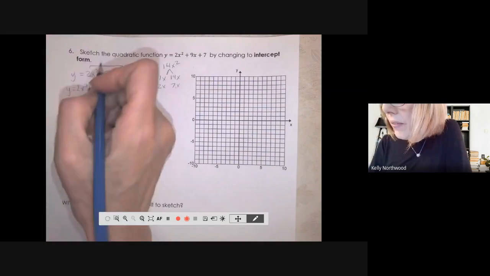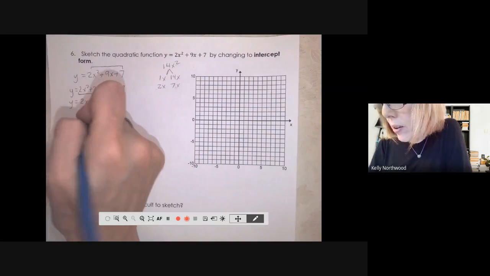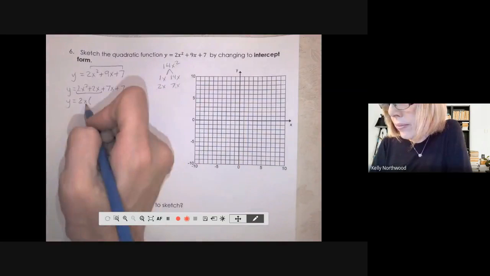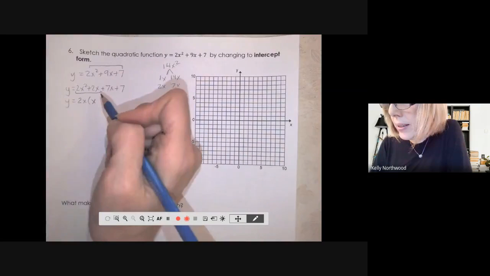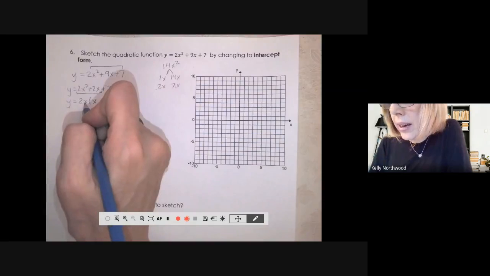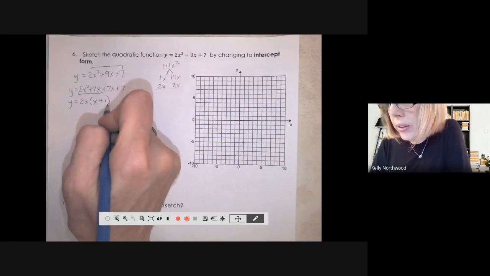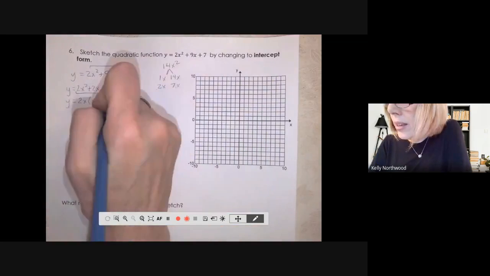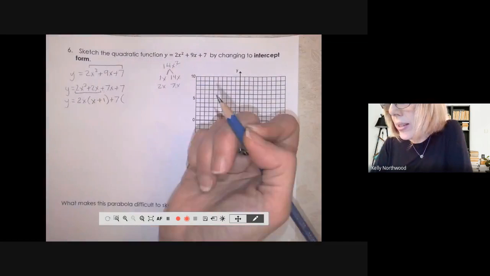Common factor the first 2. So 2x is in common. What do you multiply 2x by to get 2x squared? Careful, what do you multiply 2x by to get 2x? 1. Sign that comes next goes next. 7's in common with the last 2.